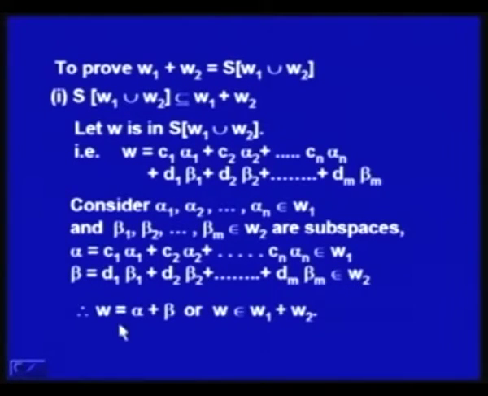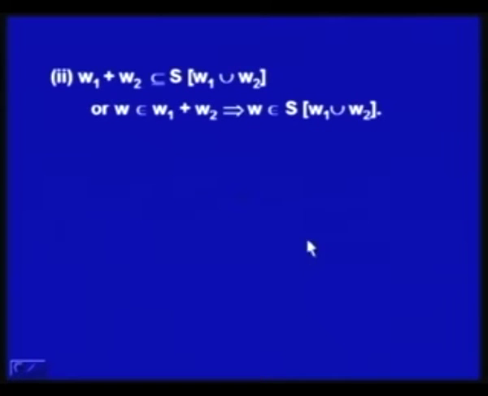That means w can be expressed as a vector from the set W1 and a vector from the set W2, and that means w belongs to W1 plus W2. So, the first part is proved.